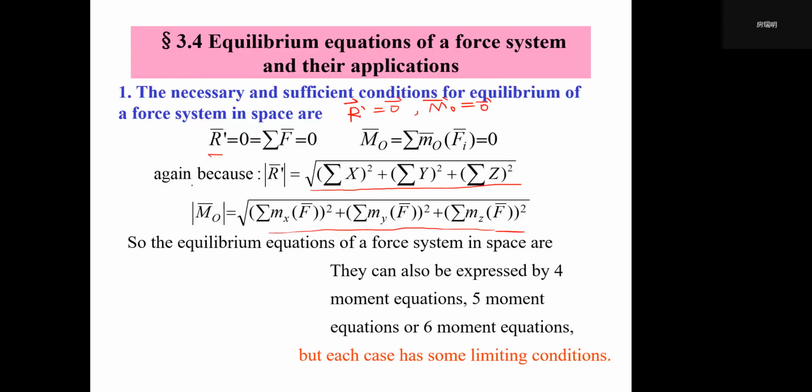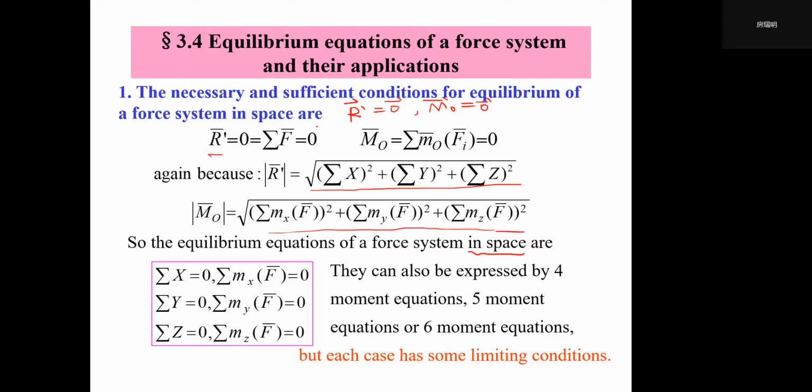So the equilibrium equations of a force system in space can also be expressed by what? Because this is a vector equation, we can project this equation onto 3 axes.